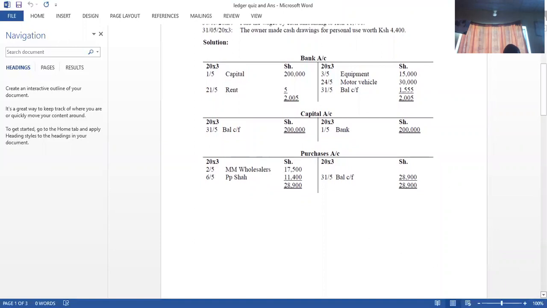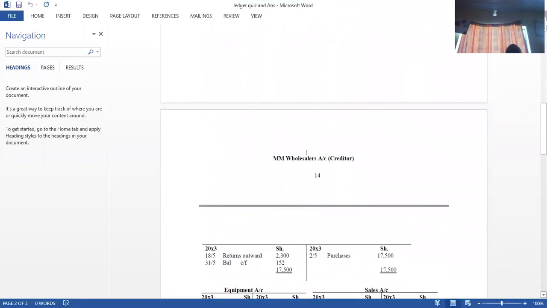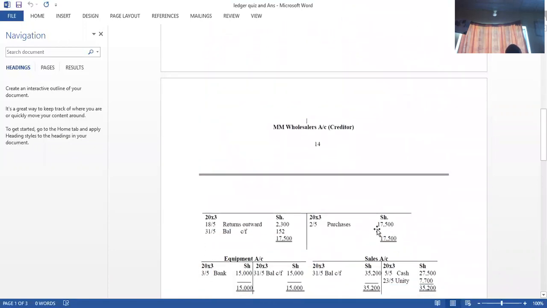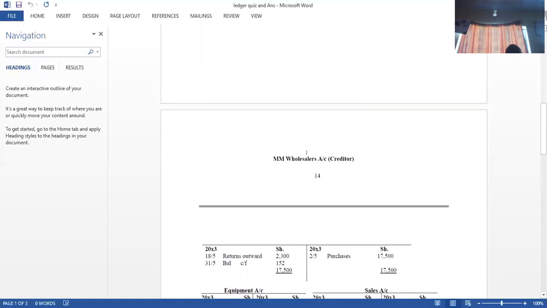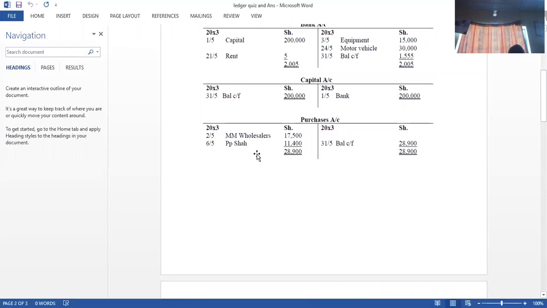When we go to wholesalers, remember they are our creditors, you will find that it is recorded on the credit side, 0205, like that. Note there, we have credited the account for the wholesalers, and we have debited the purchases account. So we have now the observance of the double entry concept. There's a debit entry, and in wholesalers, there's a credit entry.